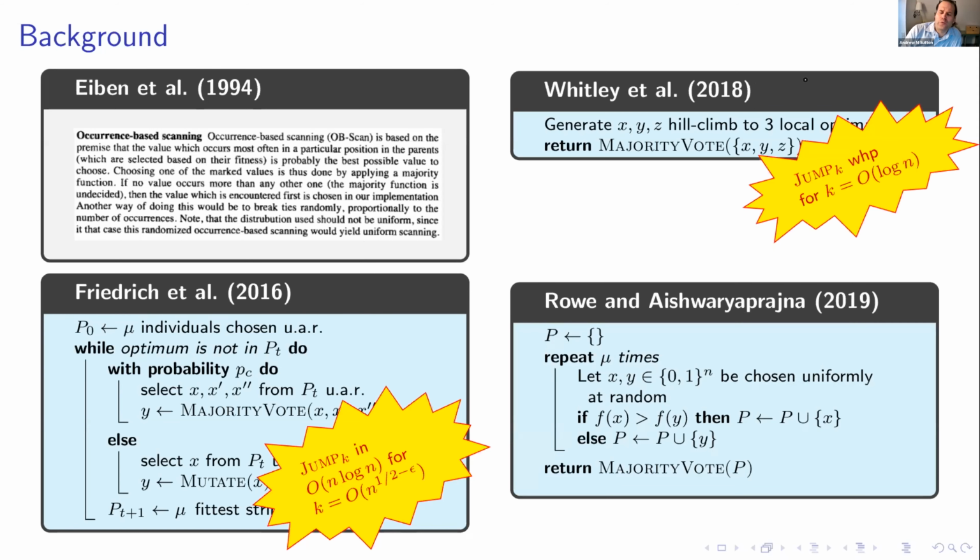So in FOGA 2019, Rowe and Aishwaryaprajna looked at this paper of Darrell Whitley and said we don't even need to do this hill climbing. We can do something even simpler.